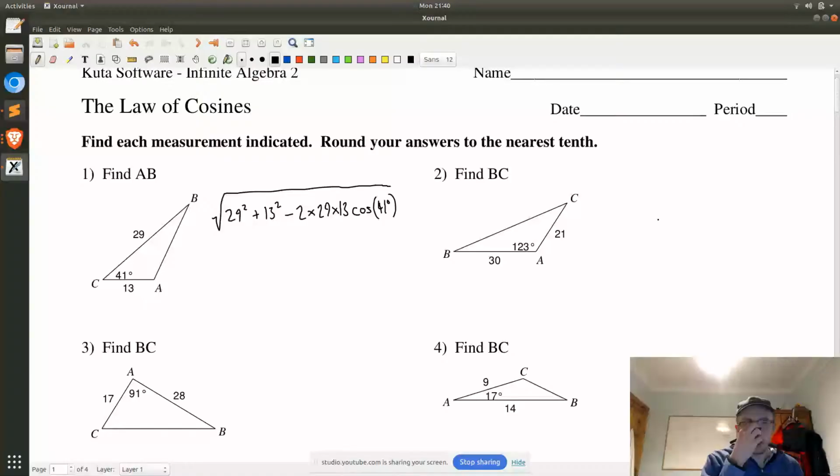The way that you can make this more fun for yourself is to know the squares of numbers. So 29 squared is 841, 13 squared is 169, and add them together. So you get 841 turns into 941, 1001, and then 1010.